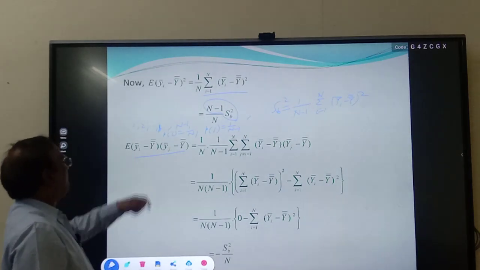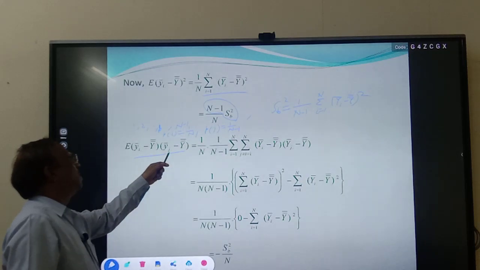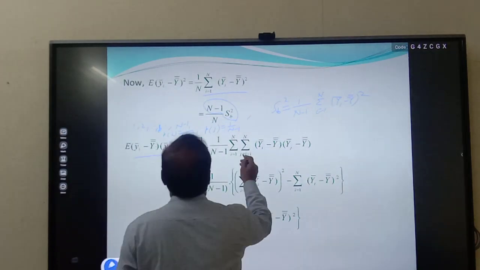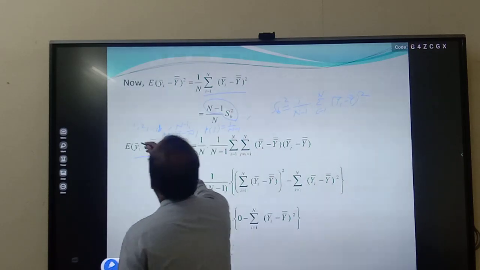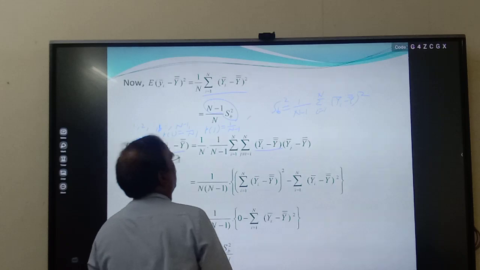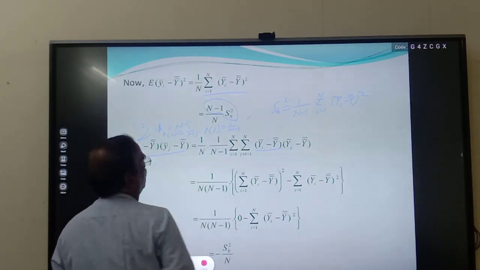So for the expected value of yi dot bar minus Y double bar, yj dot bar minus Y double bar, we write the values of small y dot bar, which is taking this yi dot bar minus Y double bar, and we write the sum i goes from 1 to n.